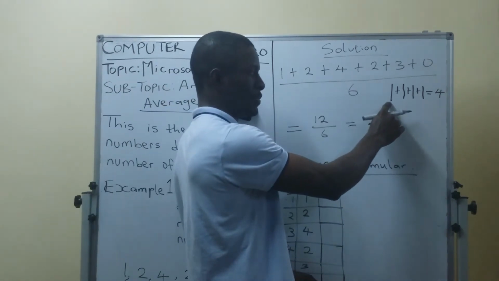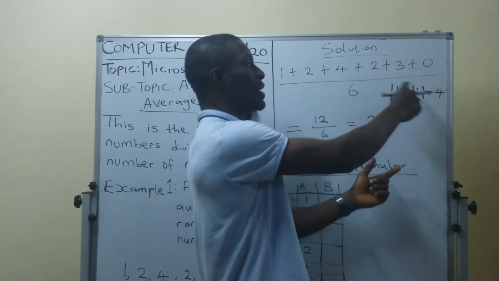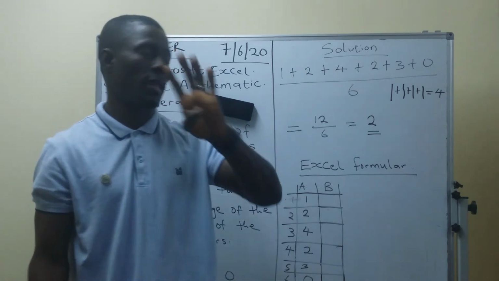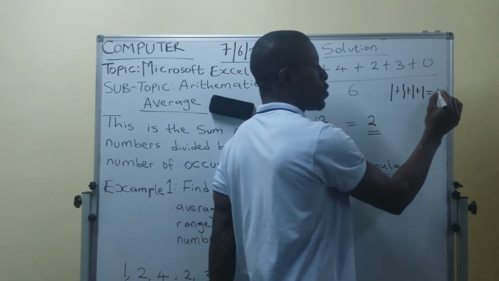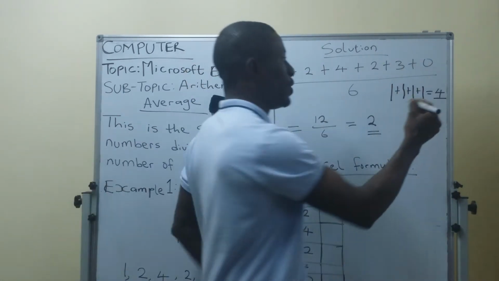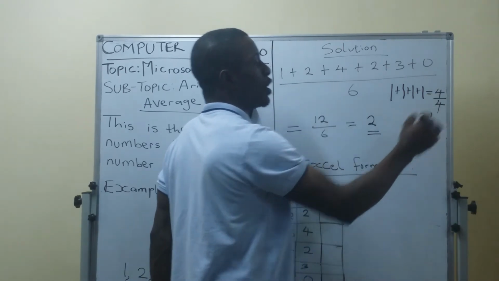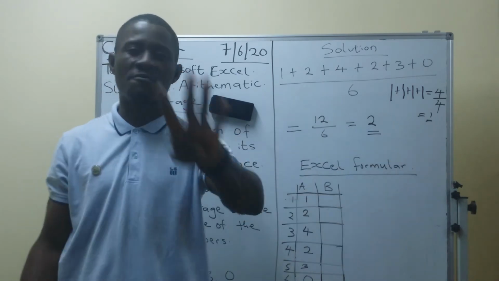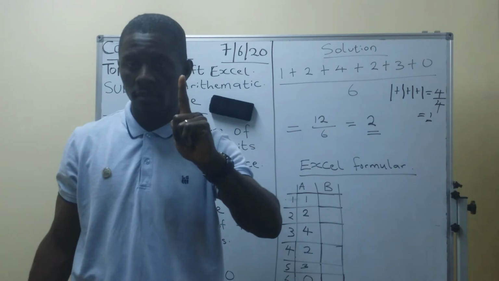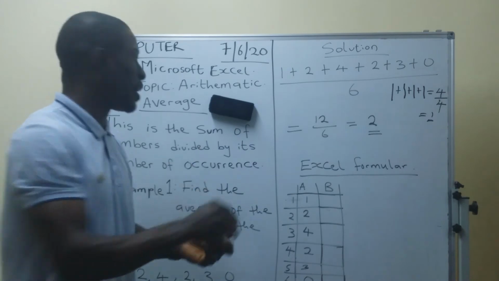It occurred 1, again 2, again 3, and again 4. So how many times did it occur? That is 4 times. So the sum, 4, divided by its total number of occurrence, which is 4. So that is 4 over 4, and the average of these numbers is 1. So if you ask what is the average of these 4 fingers, the answer is 1. You may watch the video again for better clarification.